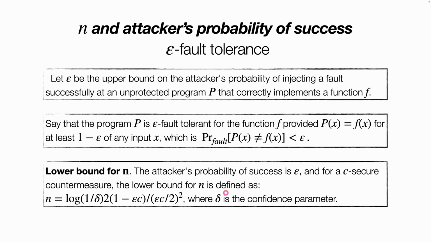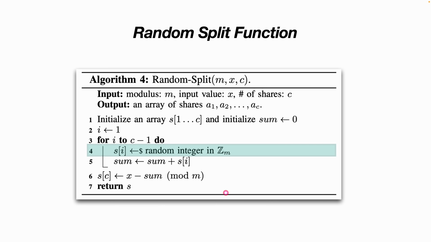So the minimum is, if we consider N equal to 3, then the attacker for each run of the computation can introduce at most one fault or no fault, right? If there's a probability of introducing two faults, then our countermeasure may not work with some probability.